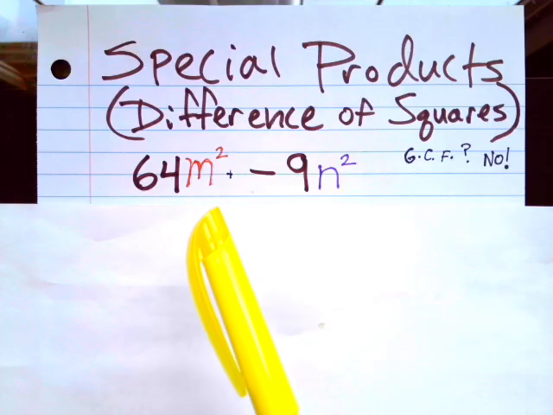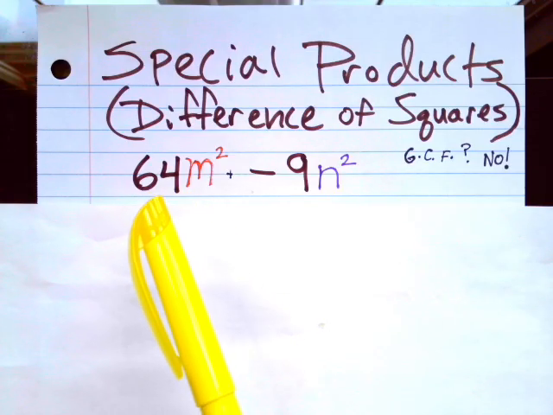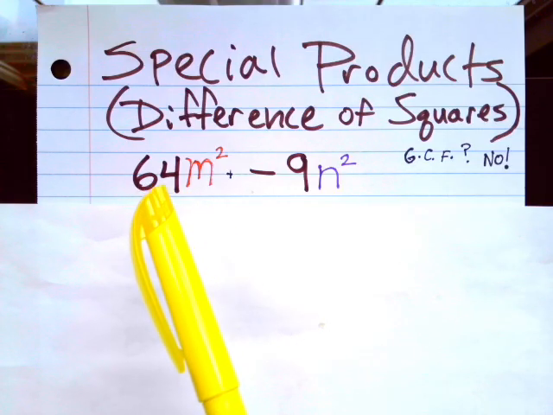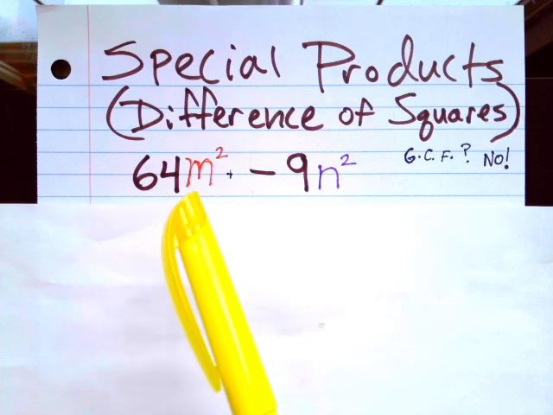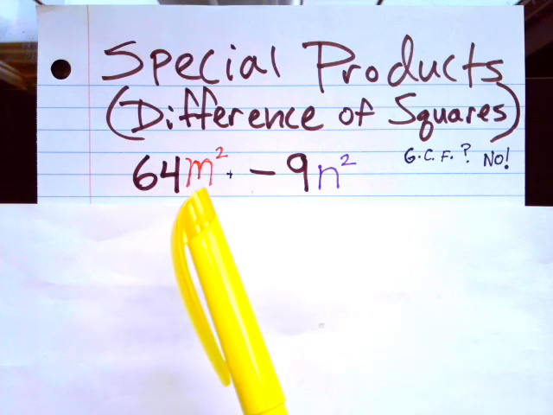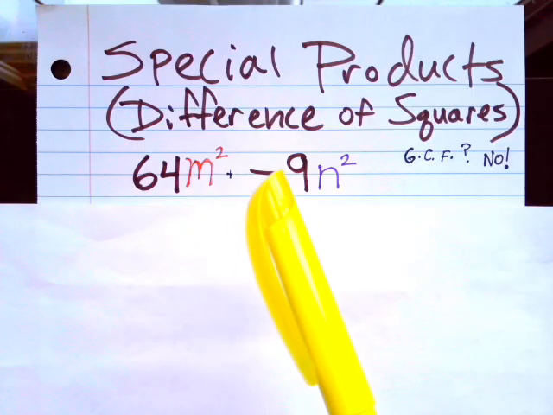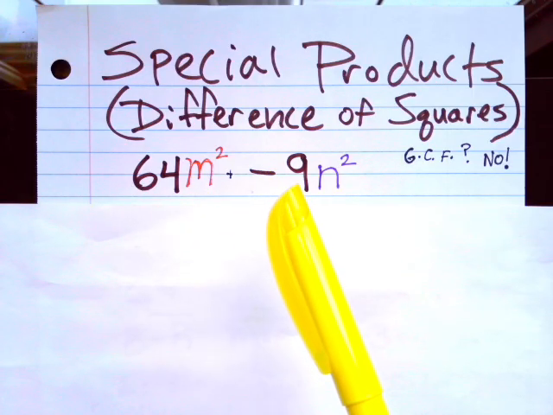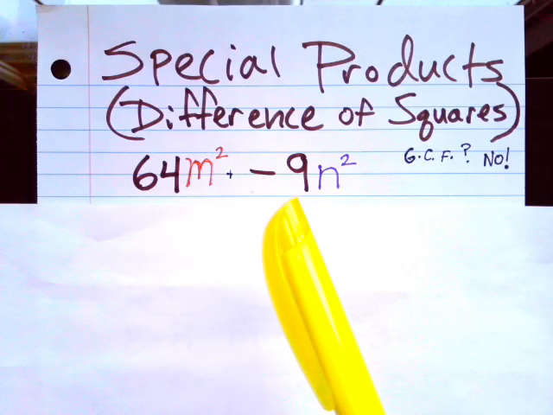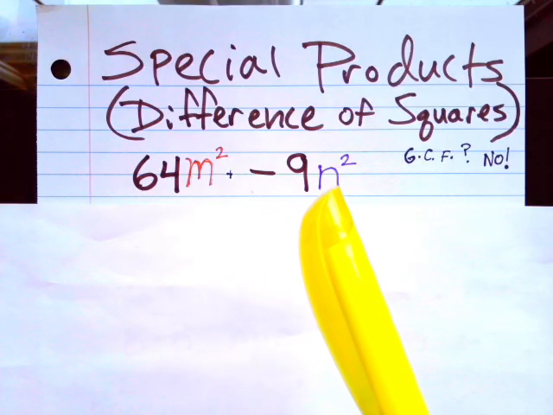But I can tell you this, they are perfect squares, because I know two numbers multiply to 64, two letters multiply to an m squared, m times m, two numbers will multiply to that negative 9, and we have two of the same letters that will multiply to that n squared.